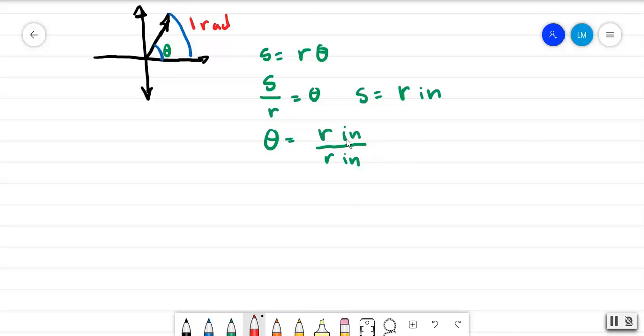But notice that this completely cancels out the inches and the radius to give us the equation theta equals 1 radian.